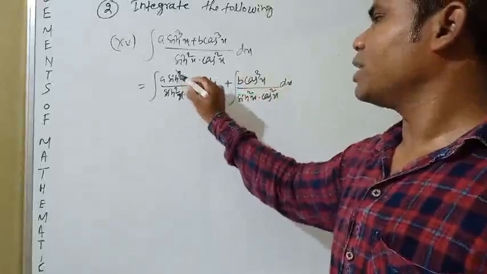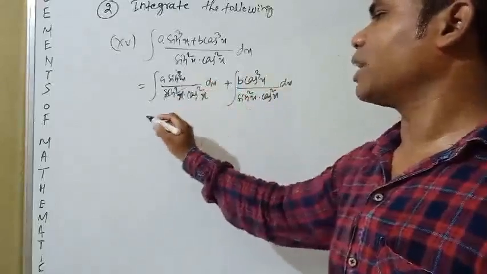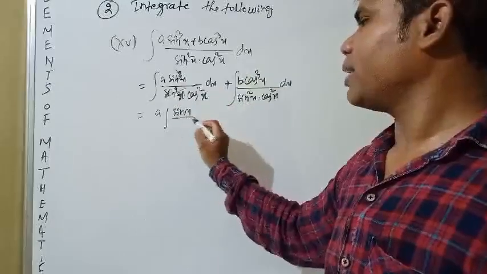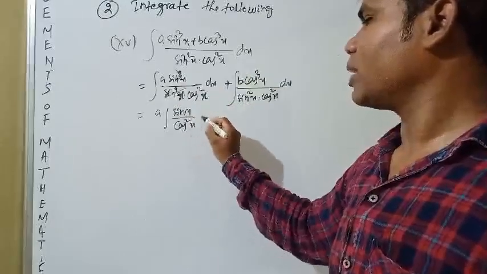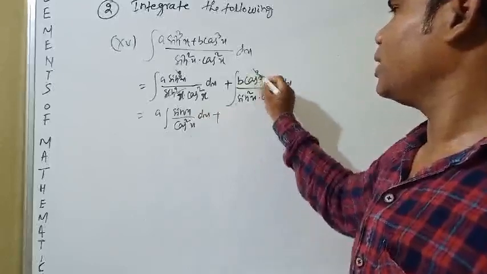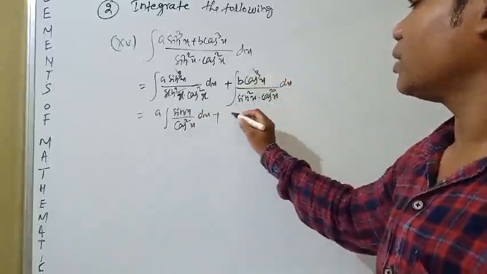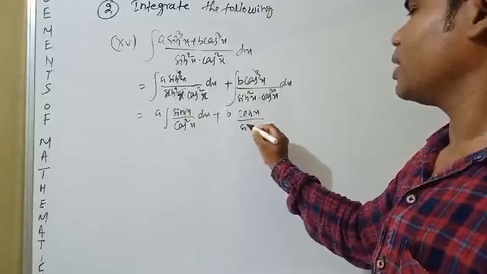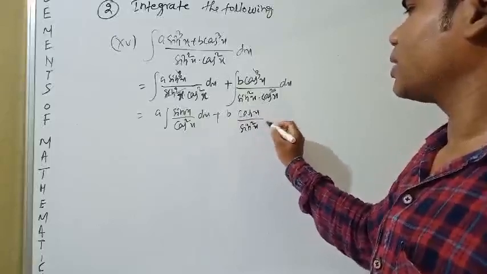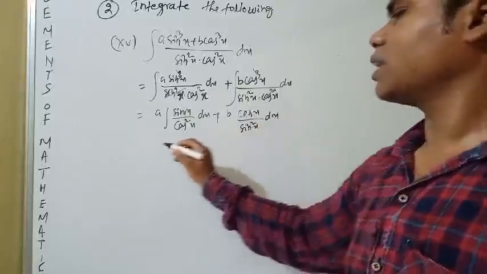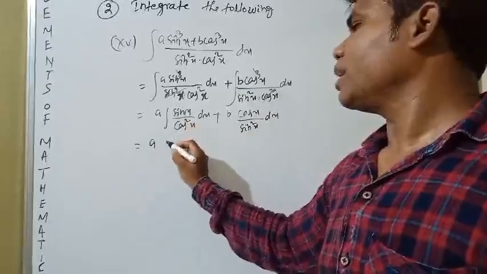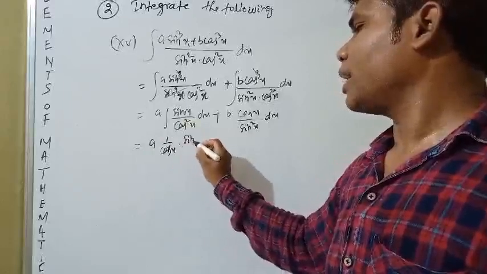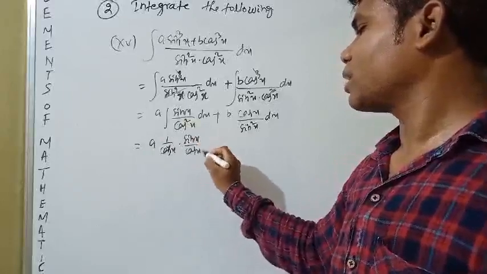You see, this sin x and this sin²x will cancel out. This is equal to a sin x by cos²x dx. You see, this cos x and this cos²x will cancel out, that is b cos x by sin²x dx, and this is equal to a 1 by cos x into sin x by cos x dx.